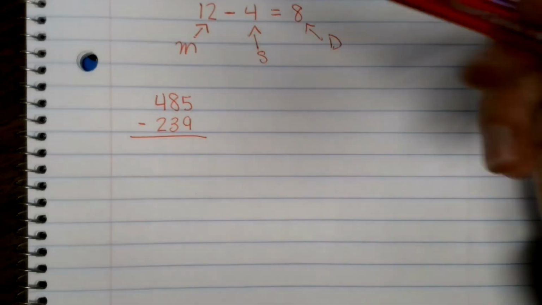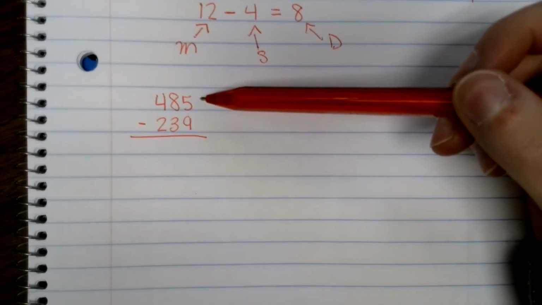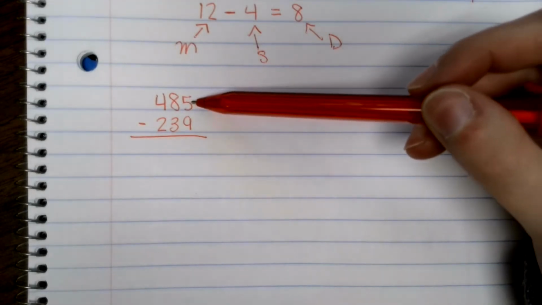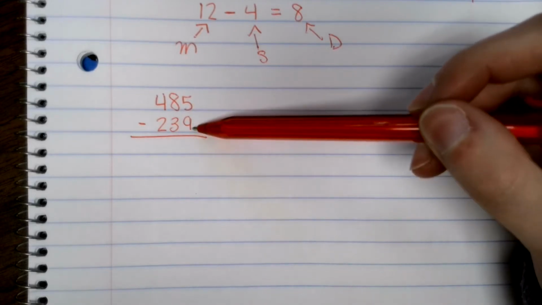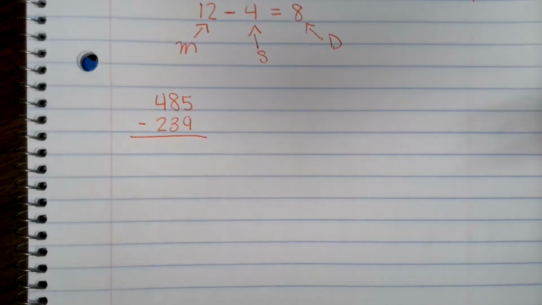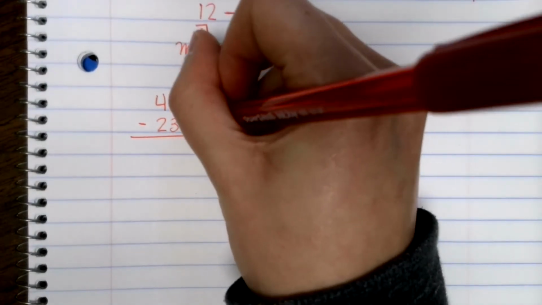But basically, subtraction, as Ms. Dinkelman always says, is a one-way street. So that means we have to start at the top and go down. We cannot think like addition, where we can do 9 minus 5 is 4. That's not possible. You always have to start at the top and go down.